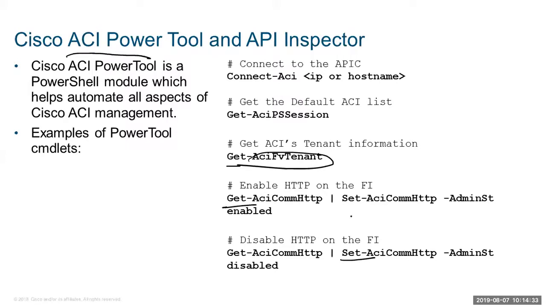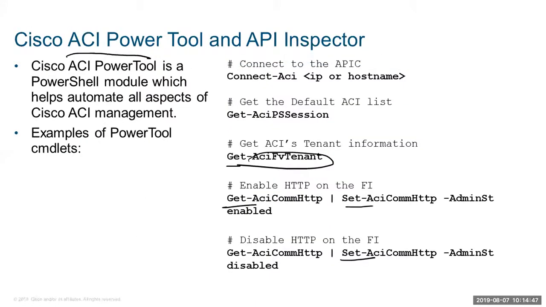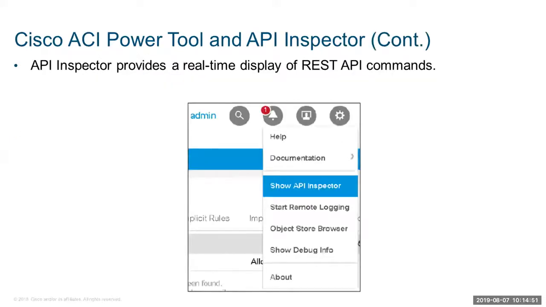They're getting it, and then they're setting the administrative state of HTTP communication. You can see how they're disabling it. Okay. That's PowerTool. You can put it all together in one file.